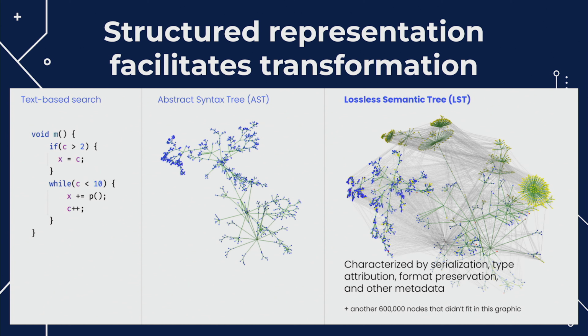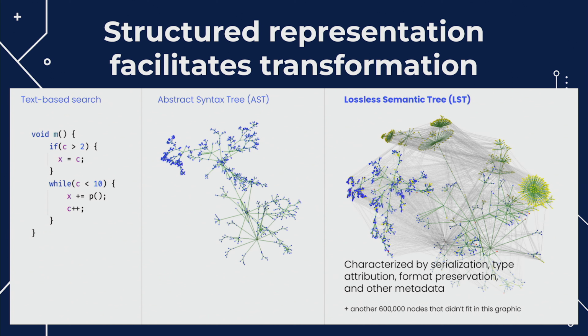We used to call our data structure just an abstract syntax tree because the way the Java parser works, for example, is we invoke the real Java compiler, have it parse the code, have it type attribute the code, and then we map it onto our representation, which is format preserving because no one's going to accept an automated pull request from you if you stripped out all of their comments and changed their curly brace placement, right? No matter how useful the rest of the change is, they'd just be like, screw off, I don't want you to mess with my stuff like that. So I put in a lot of work to make sure that this representation was format preserving on top of that, so that people would be comfortable accepting the changes.